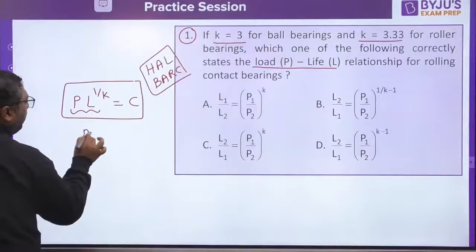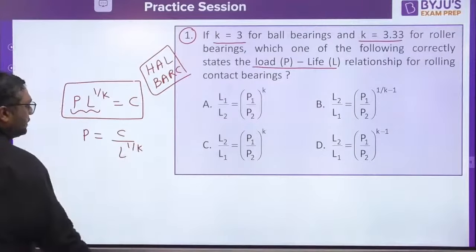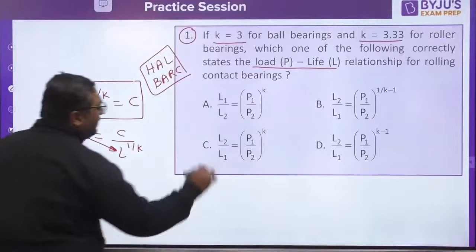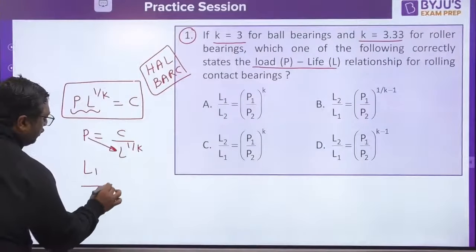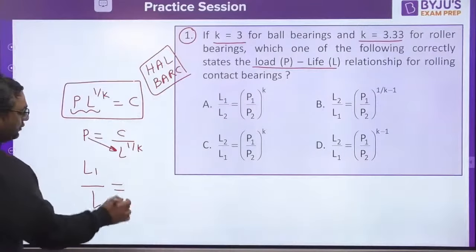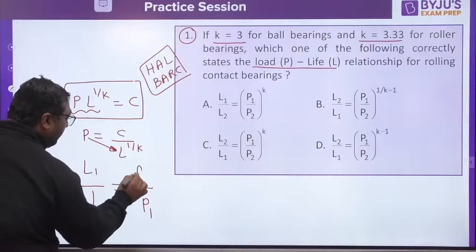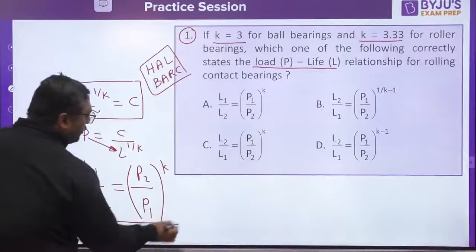So when you would be writing P, it would be C L to the power 1 by K. When you are looking at the inverse relationship, if L1 is in the numerator, obviously P should be in the denominator. So if this is L1, this should be P1, this should be P2, and the power would be K. So just inverse to this is option number C.